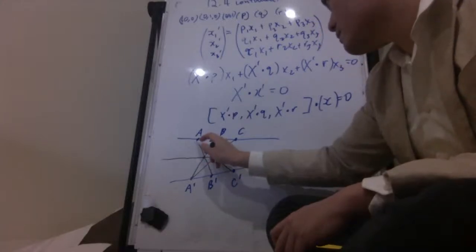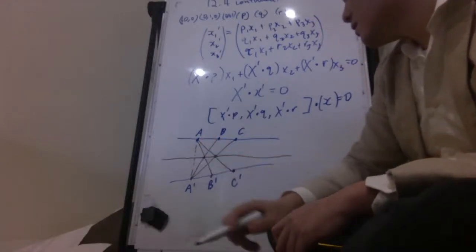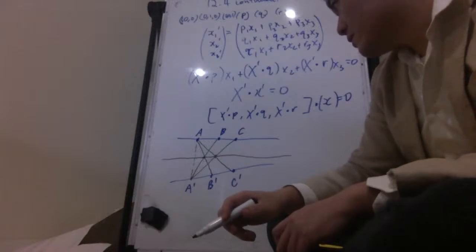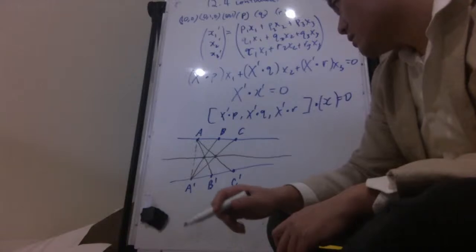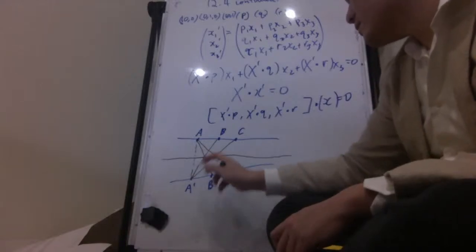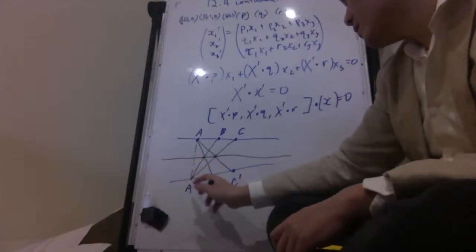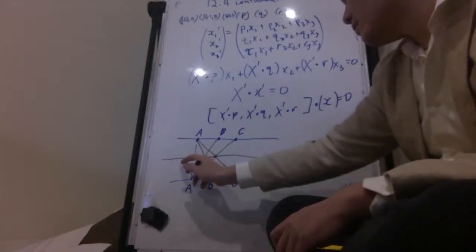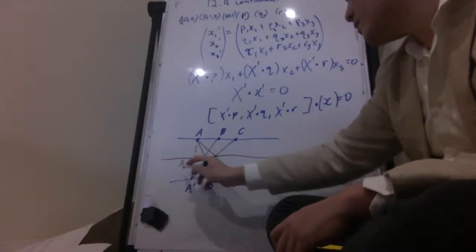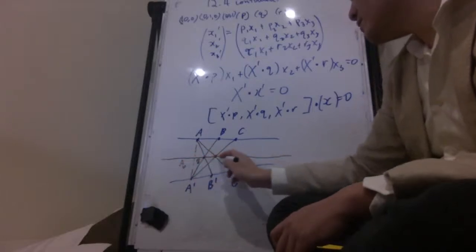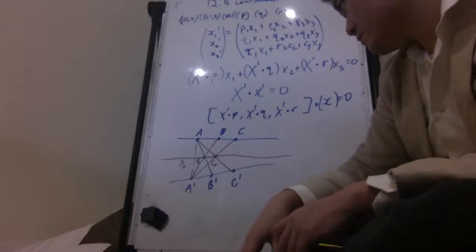So what happens now? Then you label this one A0, B0, and C0. Is that enough?